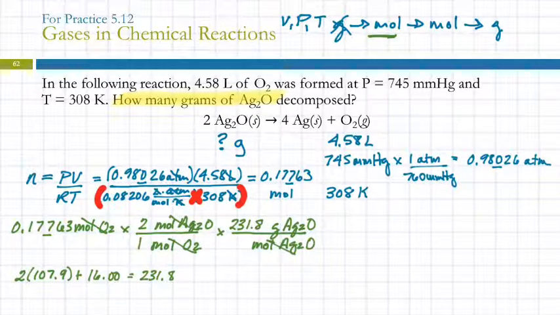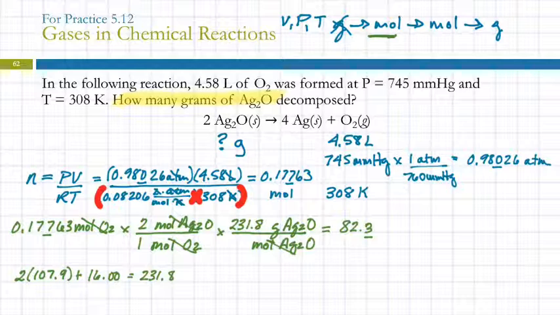So now I just do these on my calculator. I'm going to start with the 0.17763 times 2 times 231.8. And again, I'm thinking about significant figures and looking around, seeing 3 sig figs.